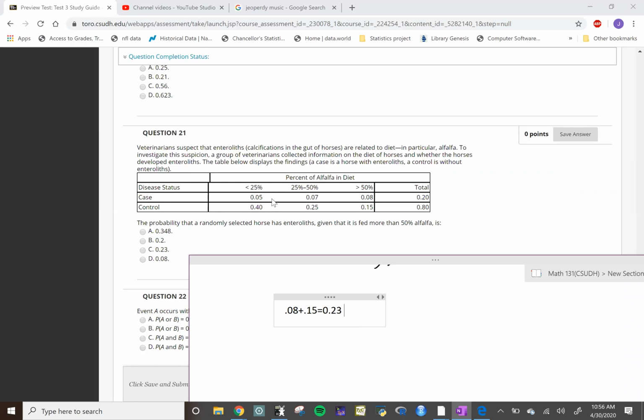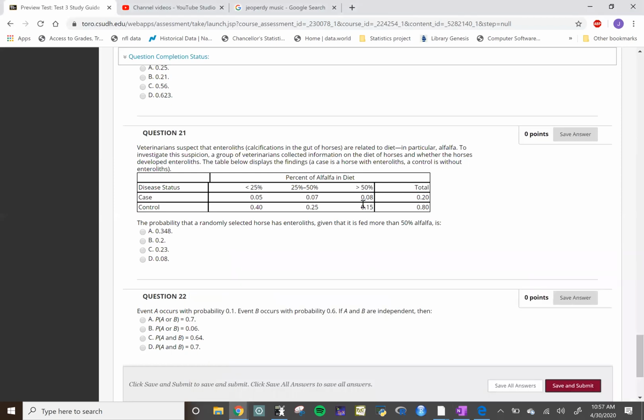So if you look at it, we want to find the probability they have this disease given it is fed more than 50% alfalfa. So we just want to focus on this data set, only this and this.